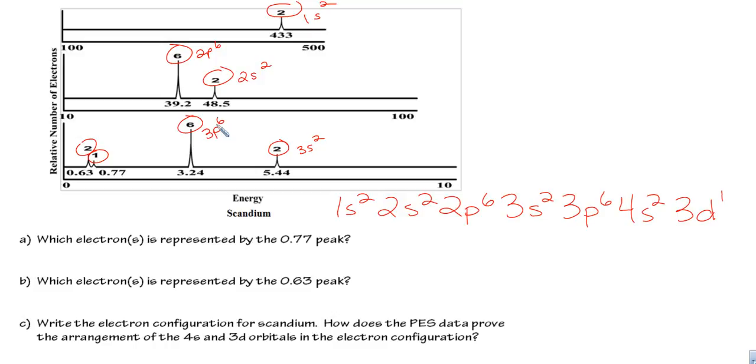Now watch what happens at the end here. Oh gosh, this is beautiful. Remember how we always said that there's this discrepancy in the filling order of the 4s and the 3d electrons? Oh yeah. The 4s2 electrons, even though they're further from the nucleus, we'd said they should be a little more stable.